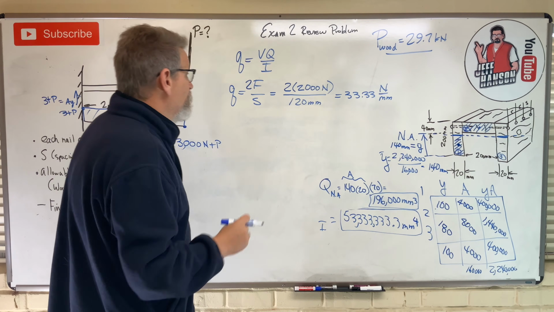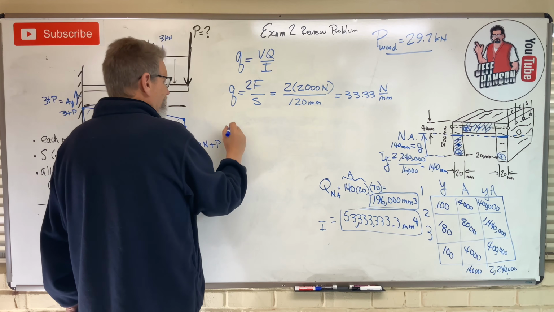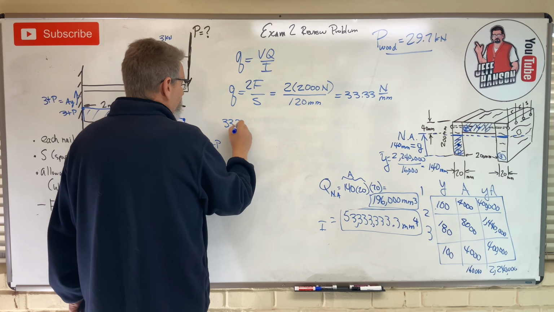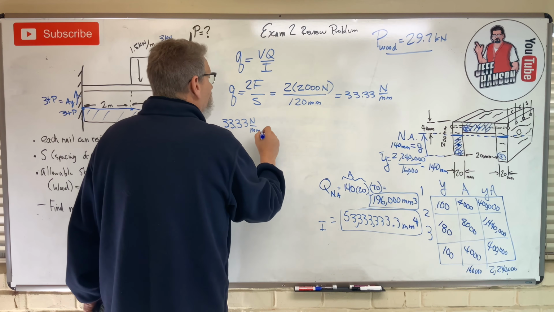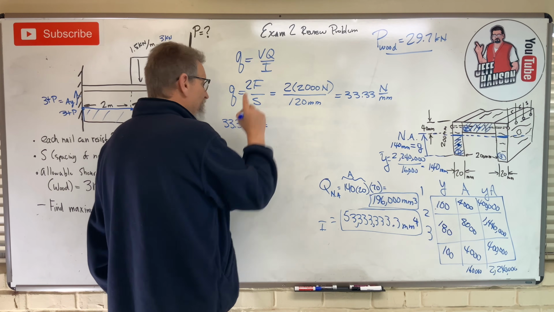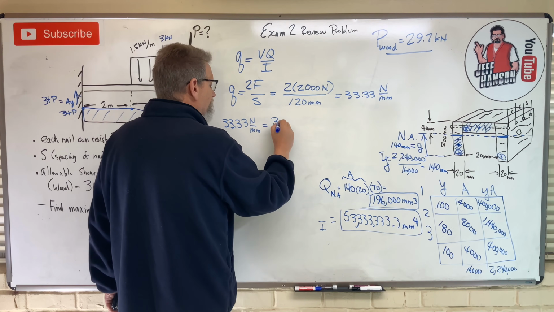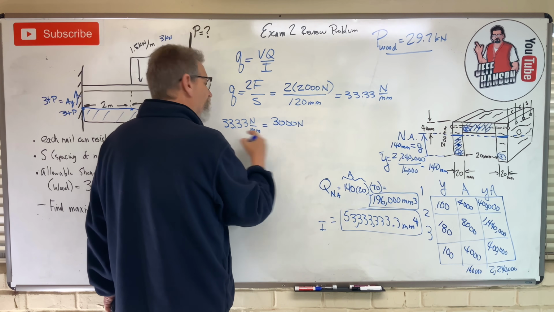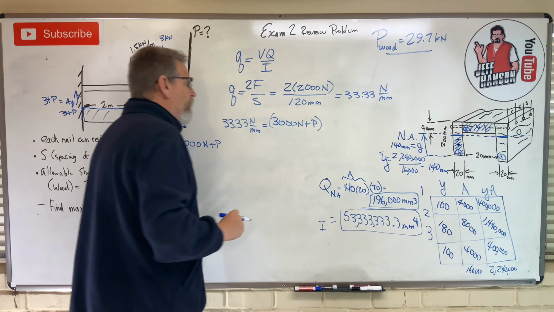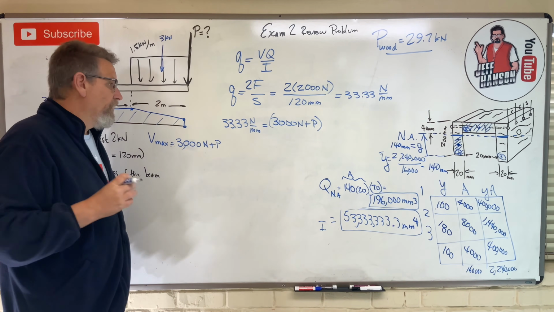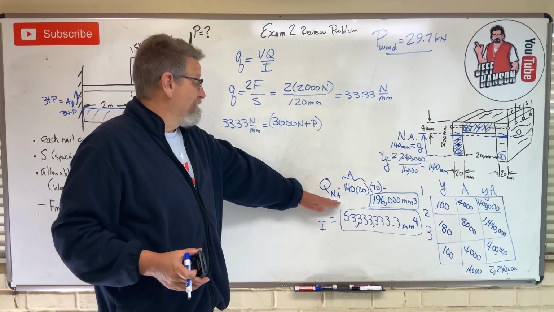So that's little q. Now I'm going to take that little q and set it equal to that guy right there. So 33.33 newtons per millimeter is equal to V. I know V, 3,000, also newtons, same units, plus P, times Q. Now Q is not this Q. This is Q max.